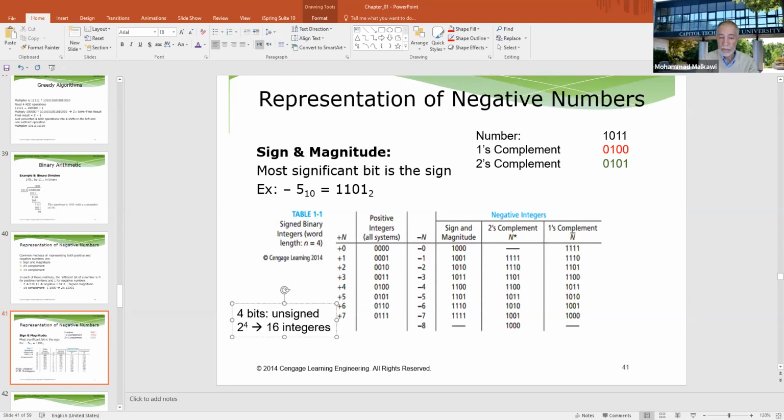I'm talking about integers here, which goes from 0, 0, 0, 0 all the way to 1, 1, 1, 1, which is 15.